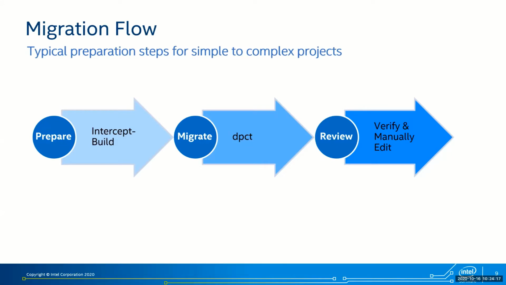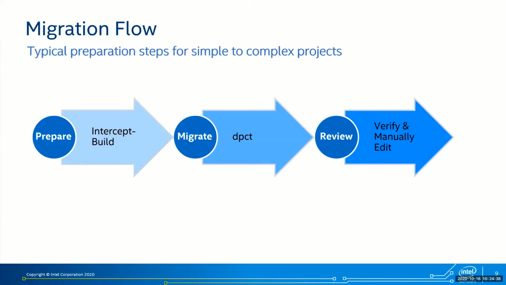As Edward mentioned before, the typical migration flow for any application using make or CMake type build environments starts with preparation to migrate, which is usually done with the help of the intercept-build command.